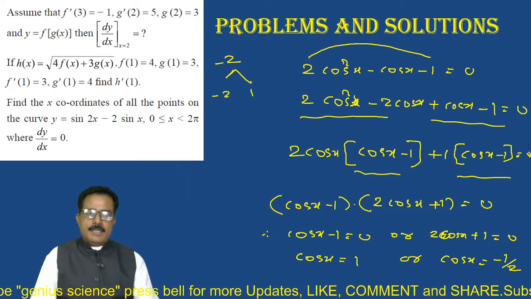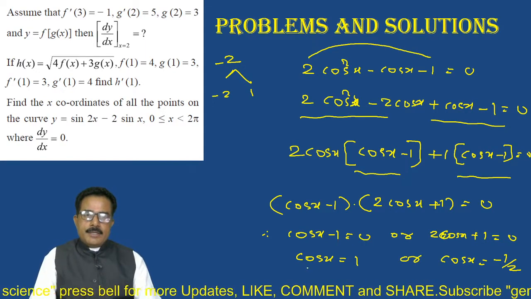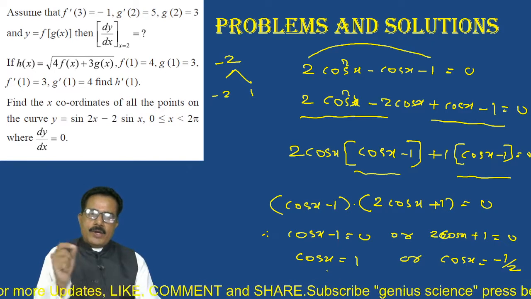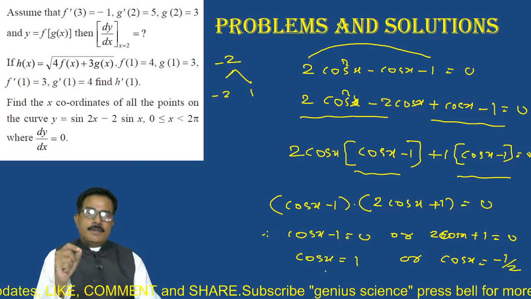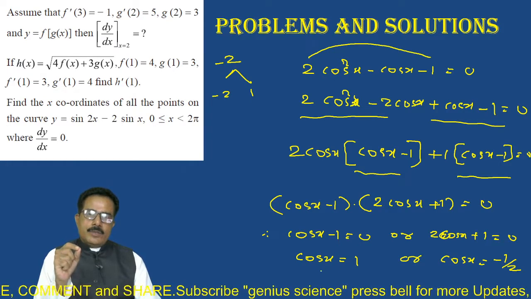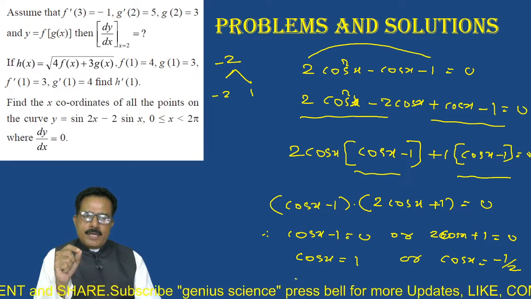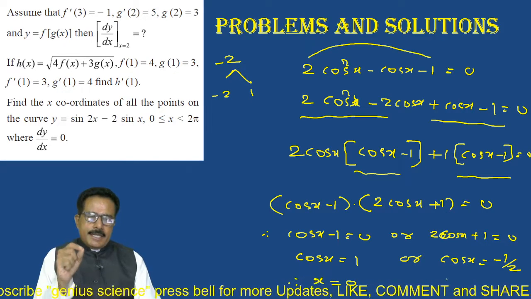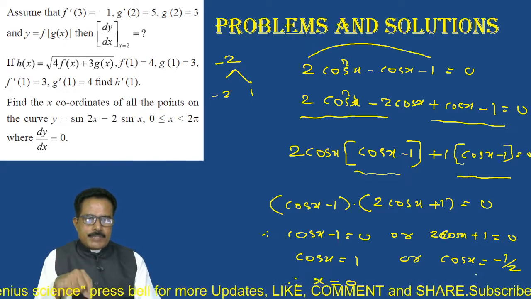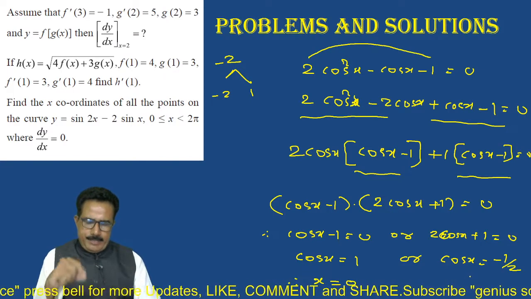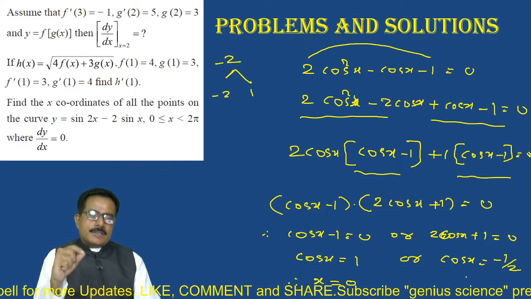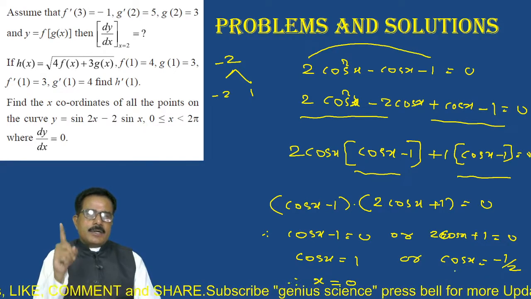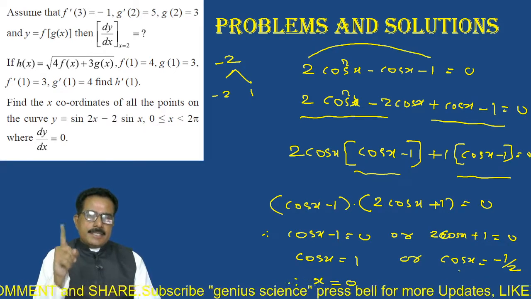Now, how to calculate the value of x? We know that cos x equals 1 means for angle 0, cos 0 we get the value 1. Therefore, definitely here x equals 0. Again cos x equals minus 1 by 2. This negative value is in the second quadrant, because in the second quadrant cosine is negative.